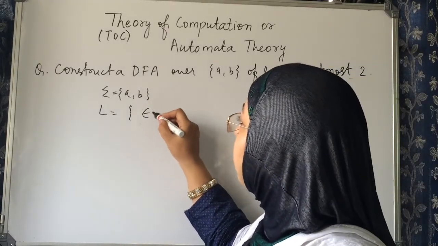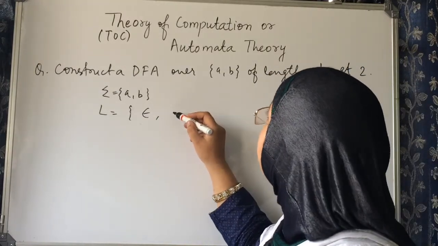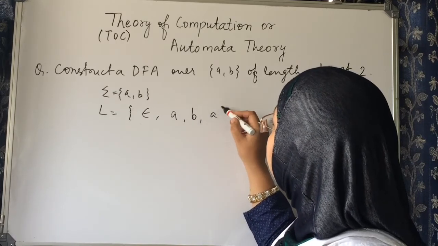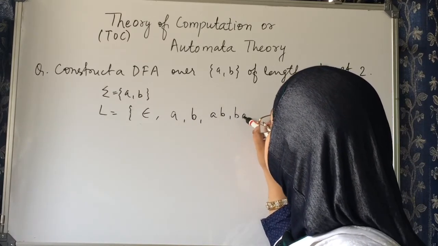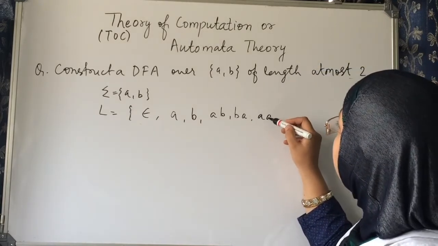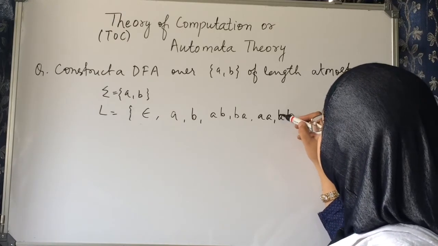This is represented by epsilon. This is known as epsilon. And A also, B also, AB also, BA also, AA also, BB also.